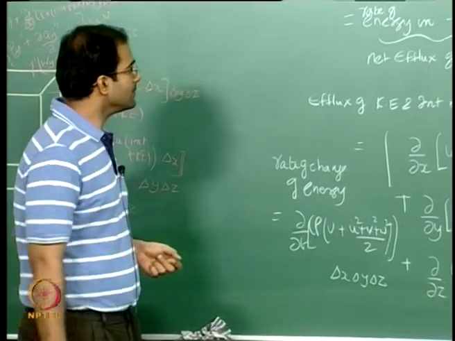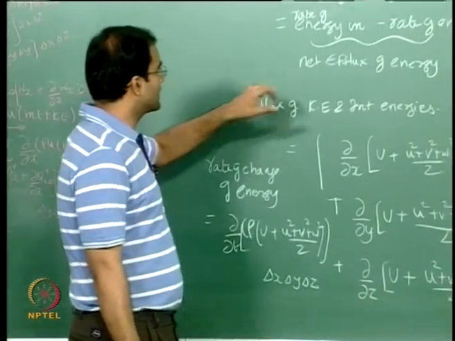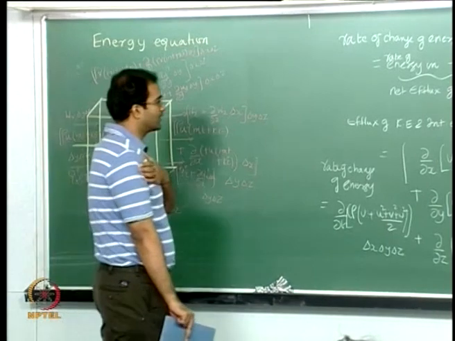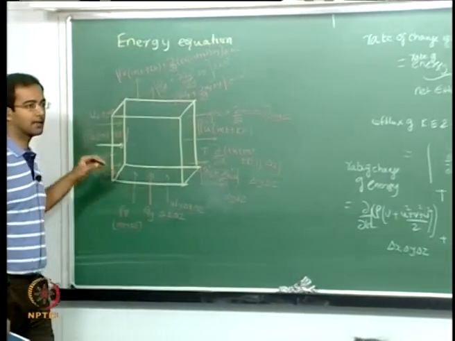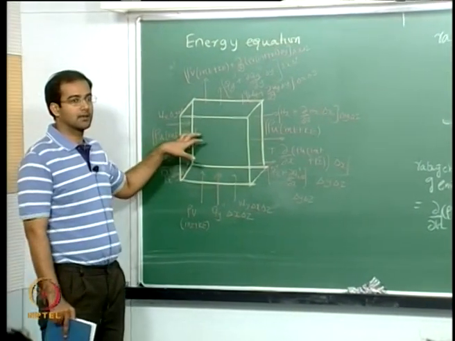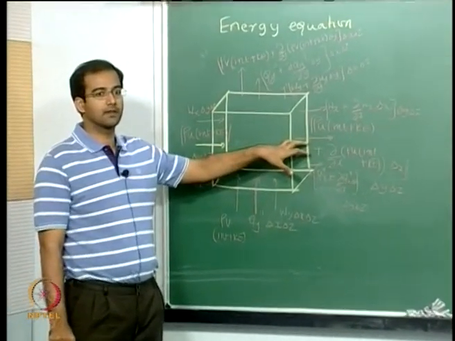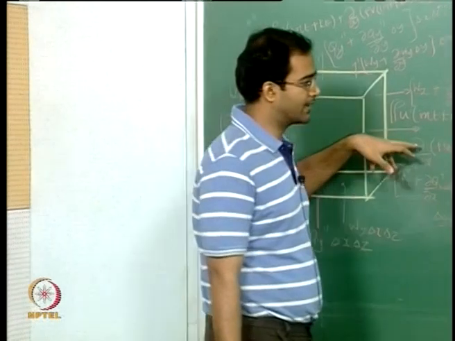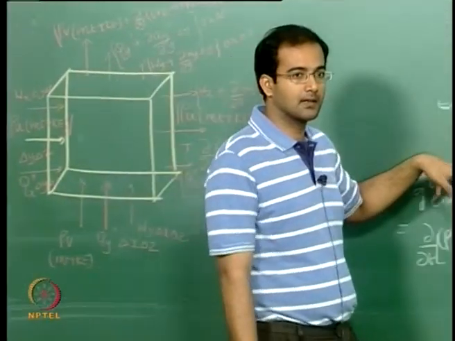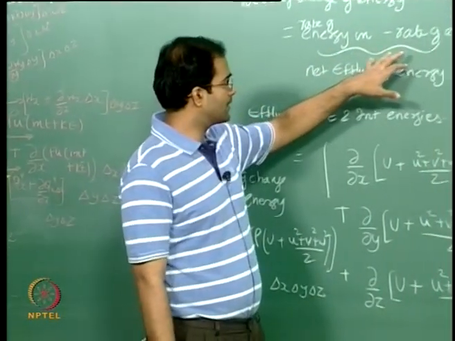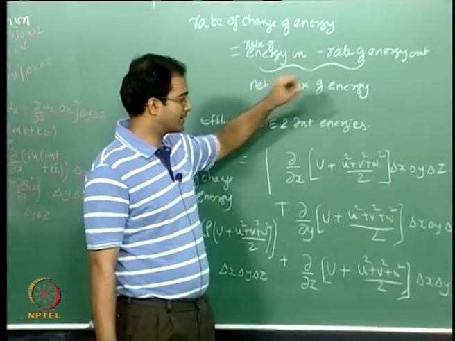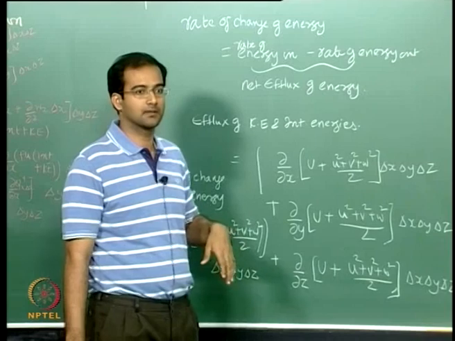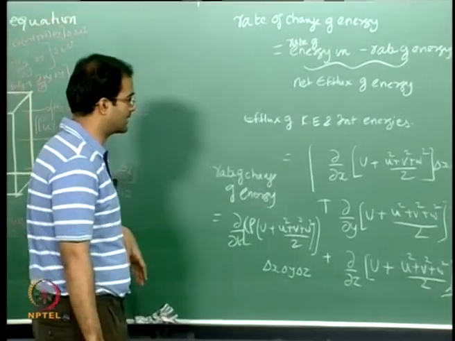Okay, so if you look at the right hand side, which is the net efflux of energy, we have to balance the energy which is coming in from the left boundary minus the one which is leaving, and similarly in the y and the z directions. And if you do that and expand by Taylor series, rate of energy in minus rate of energy out, you end up with these three terms which we have written down last time.